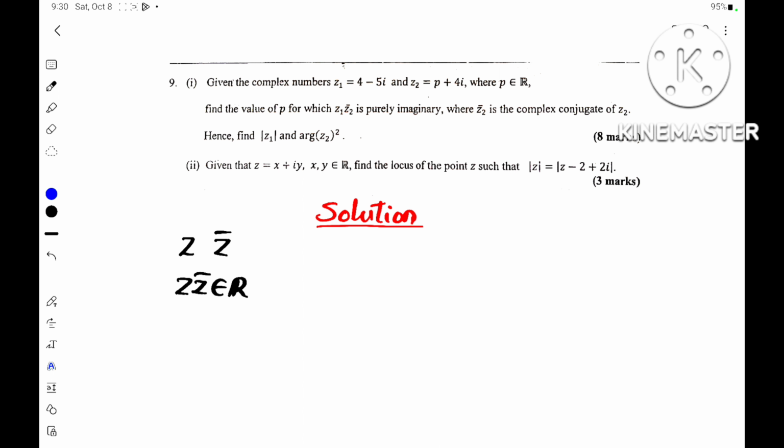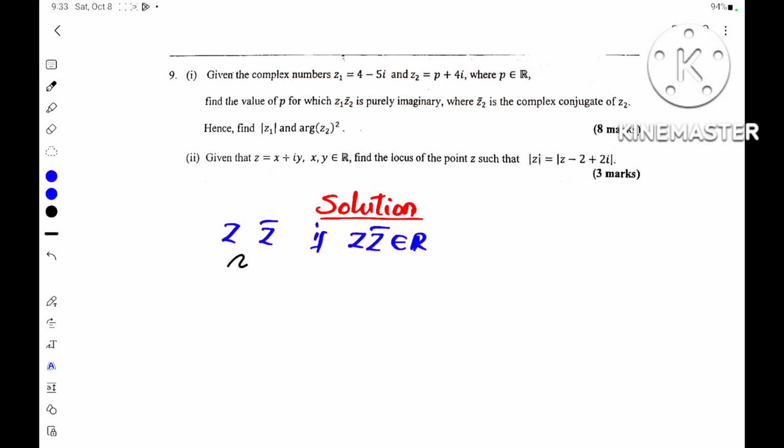So whenever you multiply two complex numbers and the answer is a real number, then one of them must be the conjugate of the other. We also know that if z is the complex number a plus bi, then its conjugate z bar is a minus bi. That is, its conjugate can simply be obtained by changing the sign in the middle.